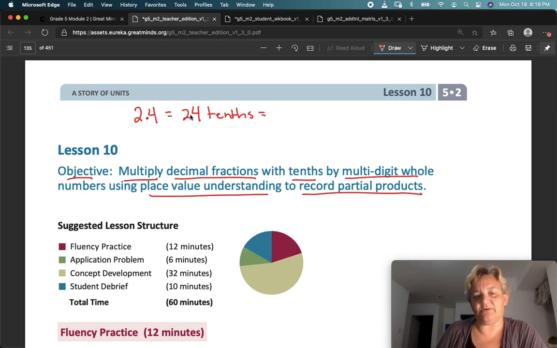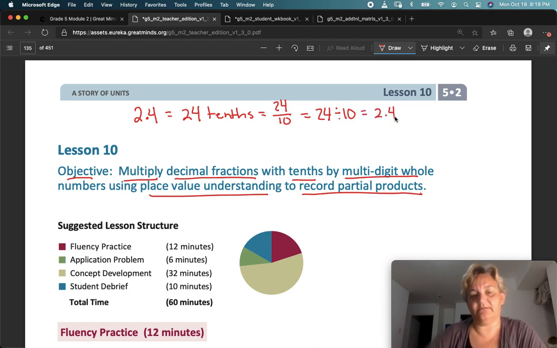But I can also write 24 tenths as a fraction, right? 24 tenths, and you know that 24 over 10 is the same as saying 24 divided by 10, because fractions are division. Now 24 divided by 10 equals 2.4.